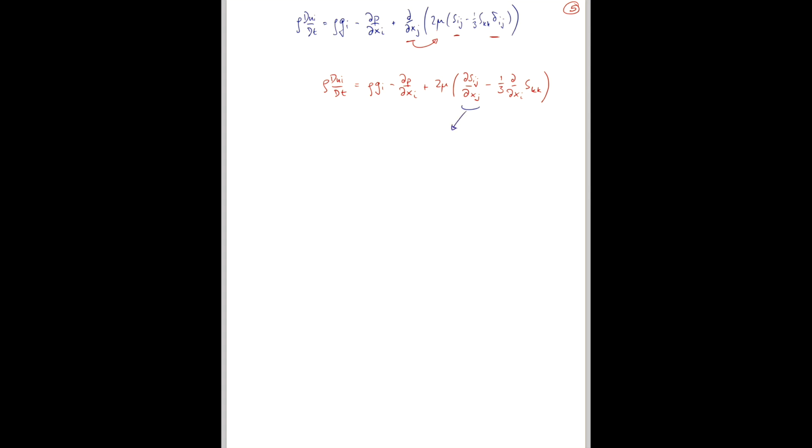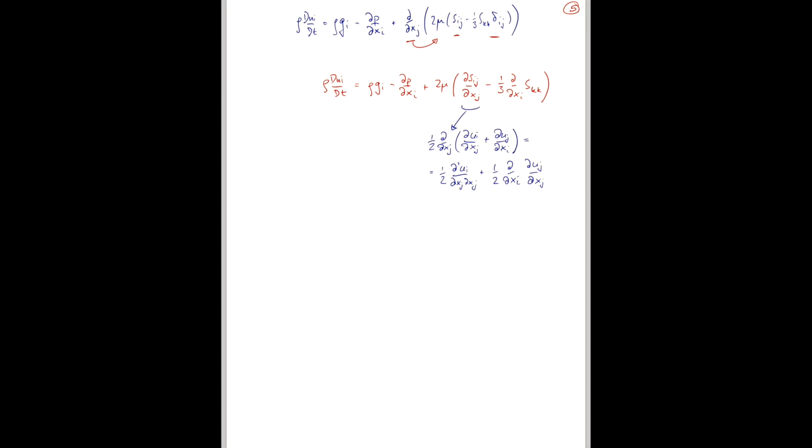So this is a half d by dxj of (dui/dxj plus duj/dxi), which is a half d squared ui dxj dxj plus a half d by dxi of duj dxj.